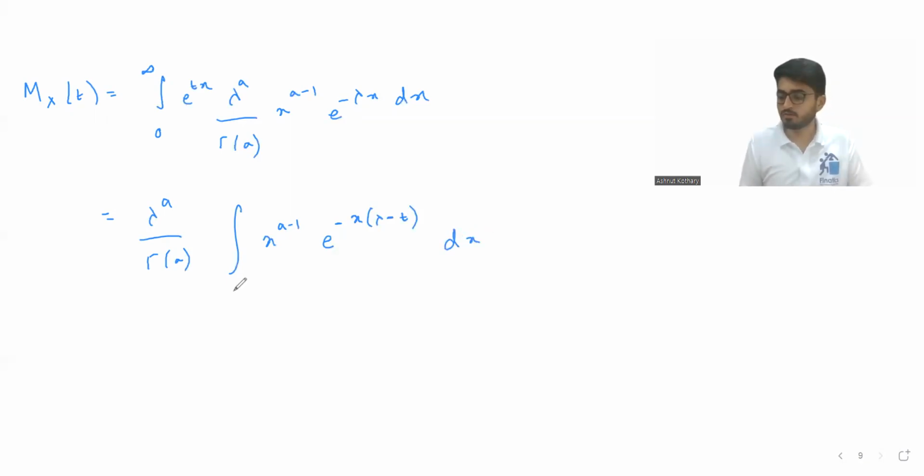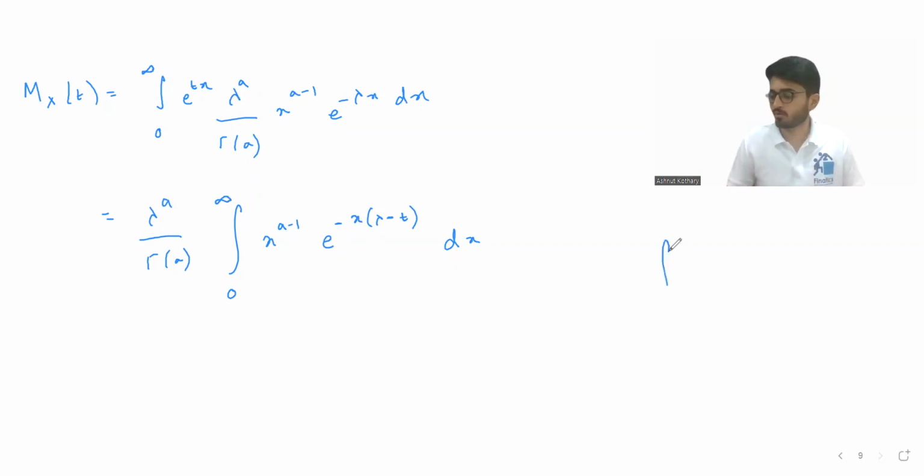Now, one thing we need to be careful about while performing this integration is, take a look at it. We are integrating with respect to x. Well and good till here. These terms are independent of x, so we have taken them outside. Now, what we are getting is a form of a gamma integral, and we know certain results of the gamma integral as well.